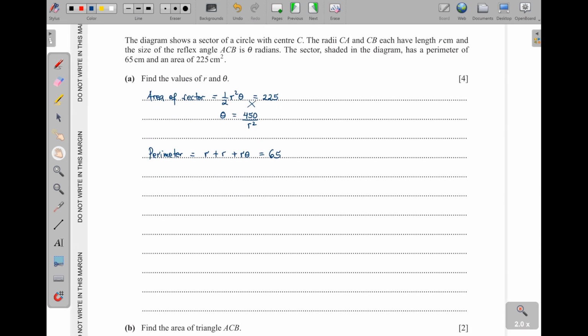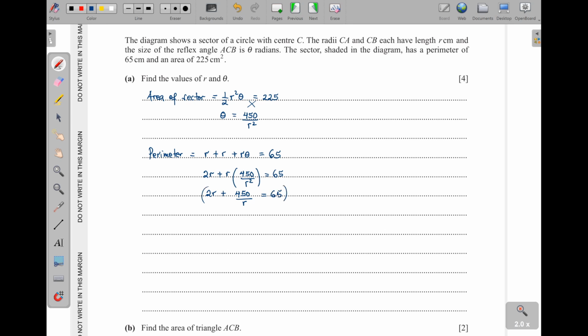R plus R gives us 2R, then plus R theta, where theta is 450 over R squared, equal to 65. Simplifying, the R here reduces this one, and you have 2R plus 450 over R, which is equal to 65.